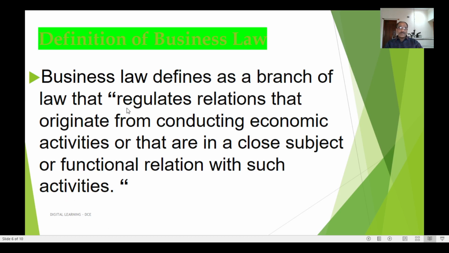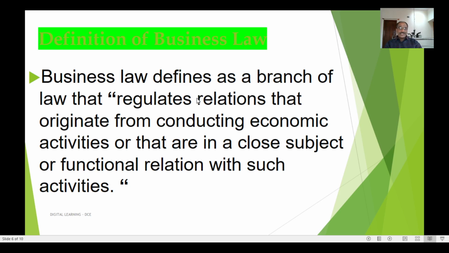So with the help of business law, we can understand what the law relating to the business is for doing the business activities, which are called economic activities, and it controls the relations, that is, how to maintain the business relationship with other persons, other business people or with the customers.